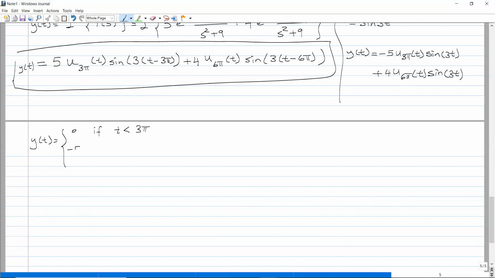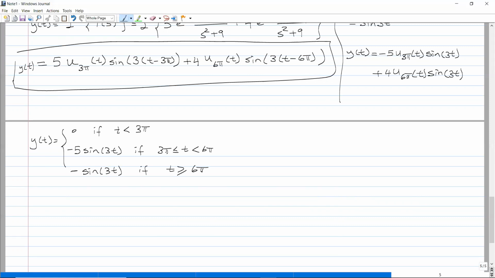So minus 5 sine 3t if t is between 3 pi and 6 pi. And if t is greater than 6 pi, both unit step functions are 1. So minus 5 plus 4, I have minus sine 3t if t is greater than or equal to 6 pi.